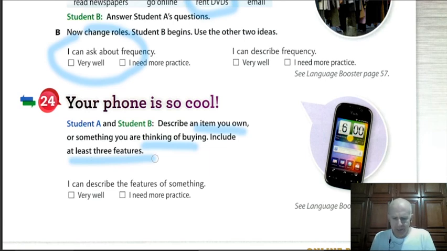This is my new cell phone. It has some cool apps. And the picture is really good. It's also light. 3 features. Cool apps, good pictures, light.